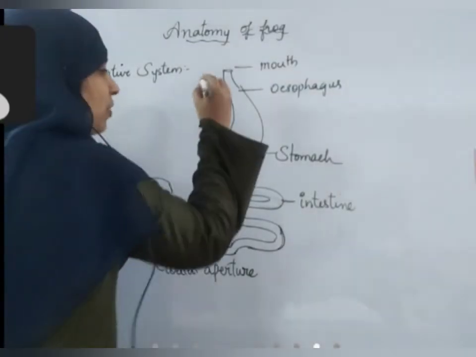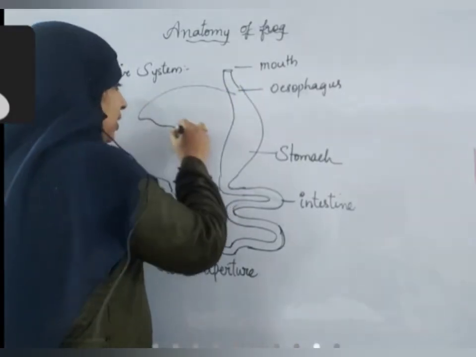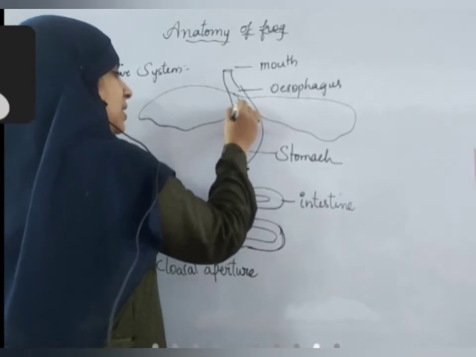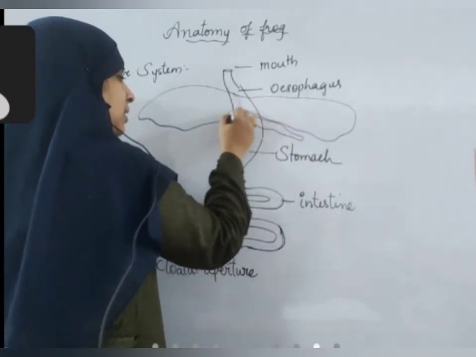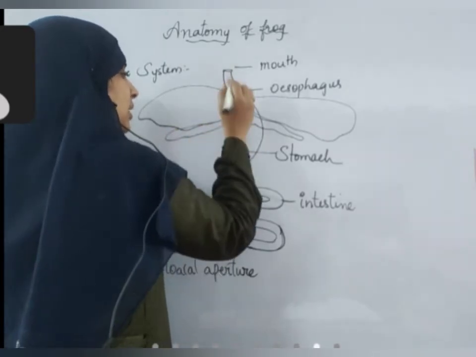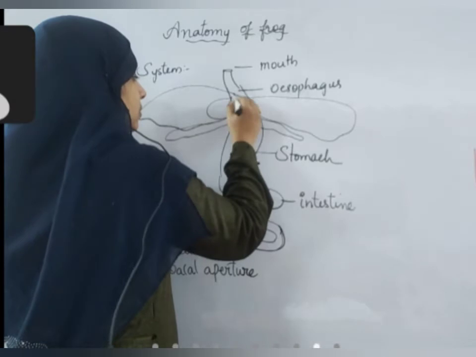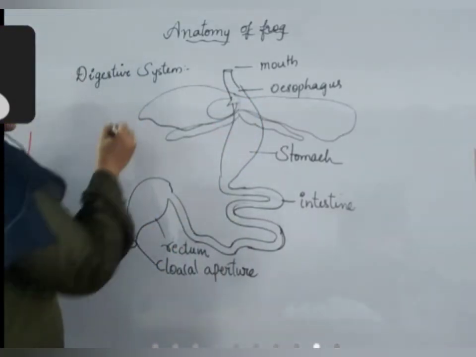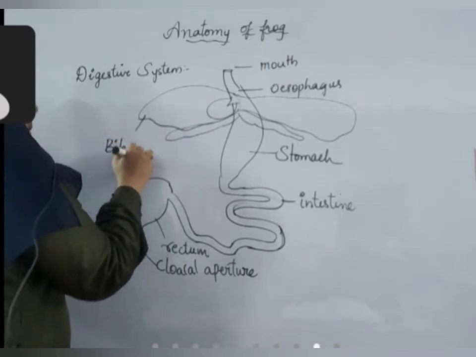Near the esophagus region, there is a pair of liver like this, pancreas is there, and there is one gallbladder. So liver secretes a juice which is called bile juice.